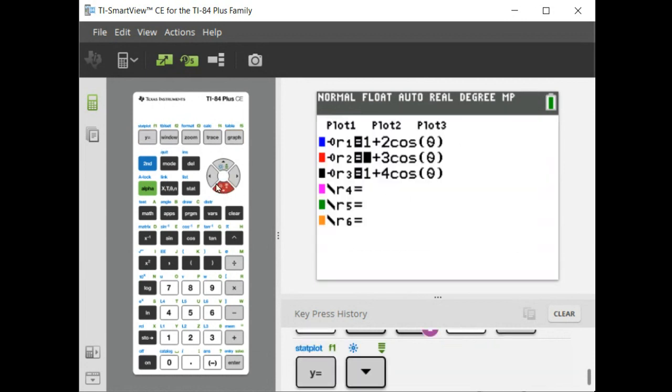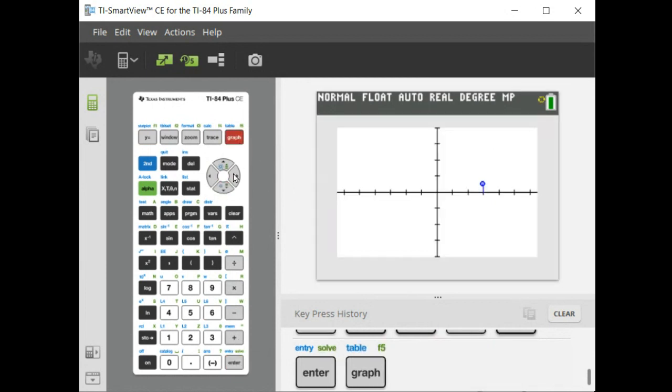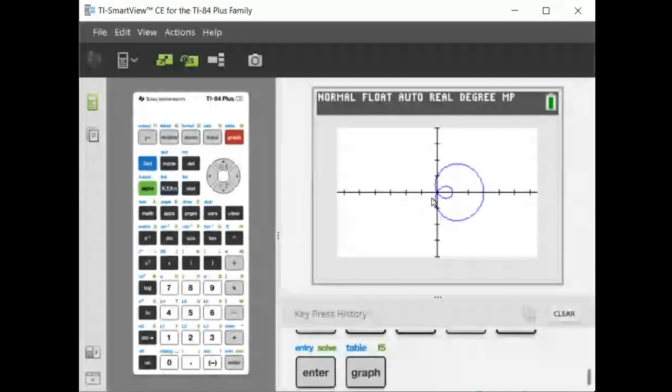So let's look at the first one. I'm going to remove these two. I looked at the A and the B value, right? So the A is 1, the B is 2. The distance from the pole to the furthest point is 3.